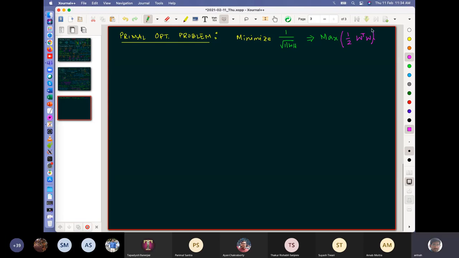And I took a half because to take a derivative it will be easier, since the square terms will go. Agreed? Subject to the constraints, which I have in my hand, yi into this. This is my optimization problem that I would like to solve for getting the values of W's and B's. Clear?